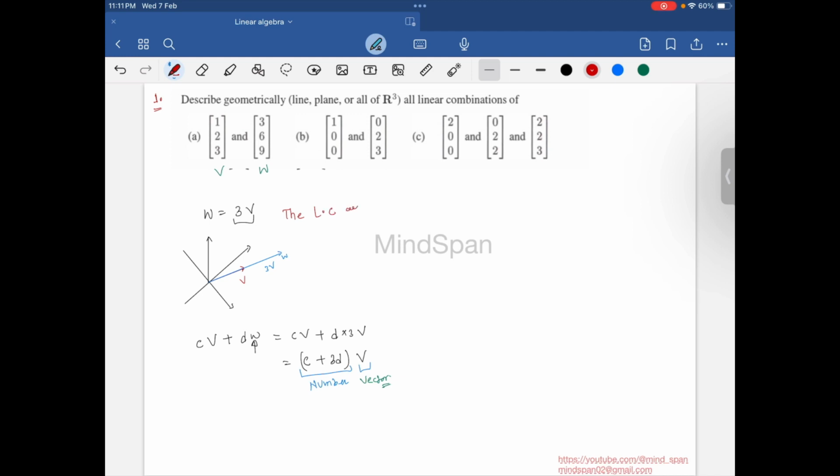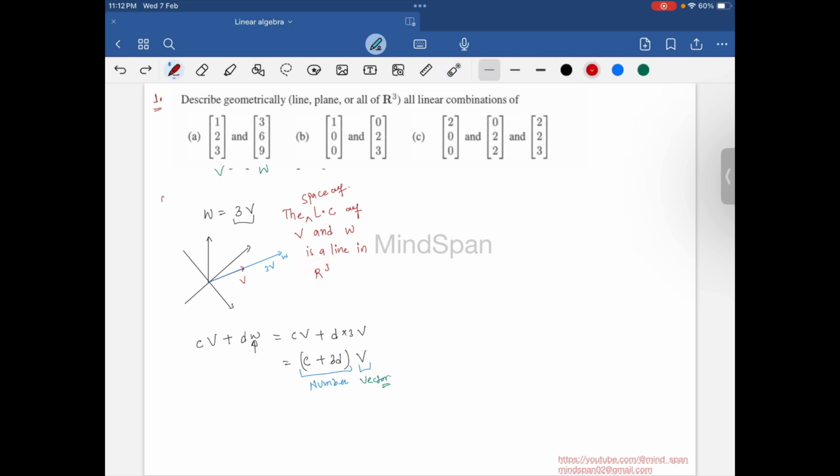The space of linear combination of v and w is a line in R3, right? And in the last video we discussed what this notation R3 is, right? So now this solves our problem.